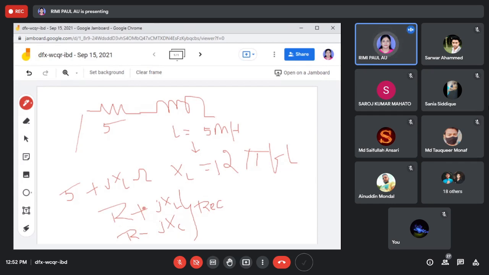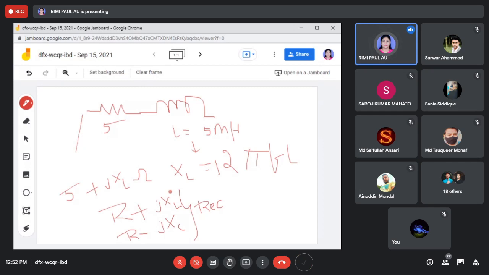Suppose two rectangular forms are present, with R and plus or minus JXL, or JXL minus XC, whatever.